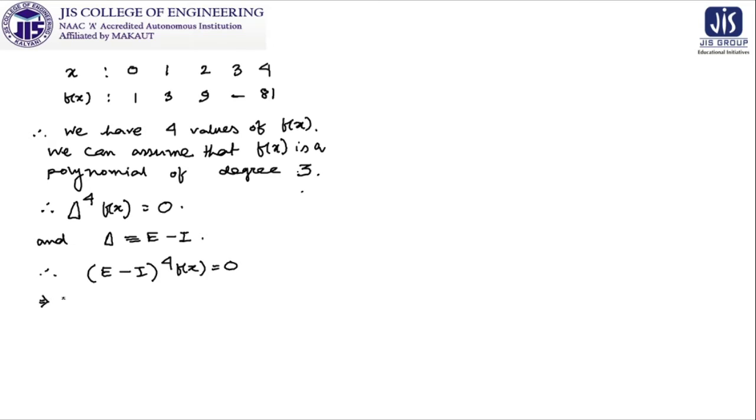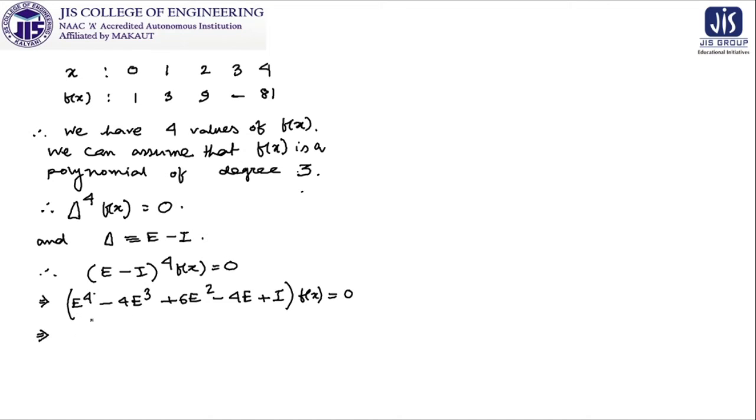Now the problem becomes very straightforward. Our job is to expand this and then apply the next techniques. Obviously I will show it to you. It starts from E to the power 4 minus 4E cube, I am expanding this, plus 6E square, minus 4E plus I on fx, which is equal to 0.